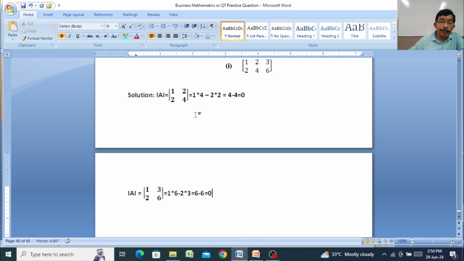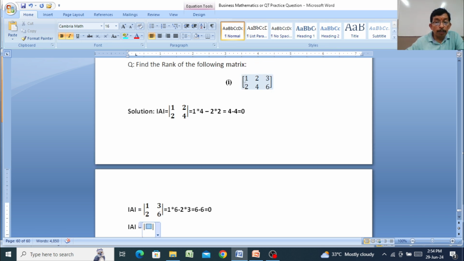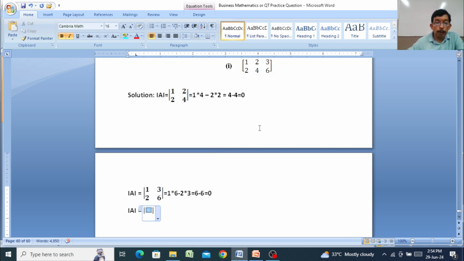Now we find the last determinant of the second order. First we took the first two columns, after that the first and last columns, and now we take the second column and third column. The second column values are 2, 3 and the third column values are 4, 6.